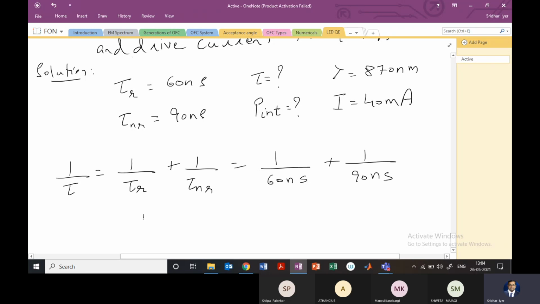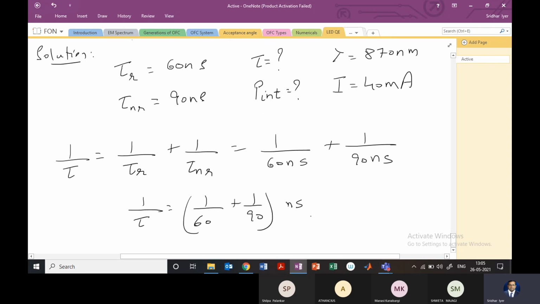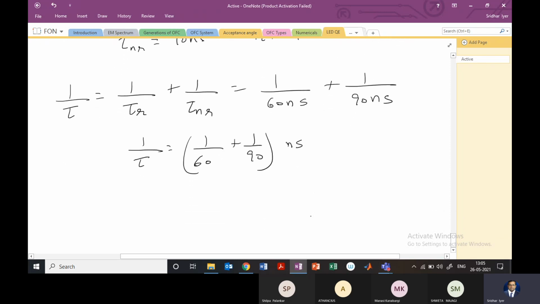So we can take out the nanoseconds as it is common. So you'll have 1 by 60 plus 1 by 90, okay, and you'll have nanoseconds here. Okay. So someone can calculate and let me know what tau you get. I will also calculate.